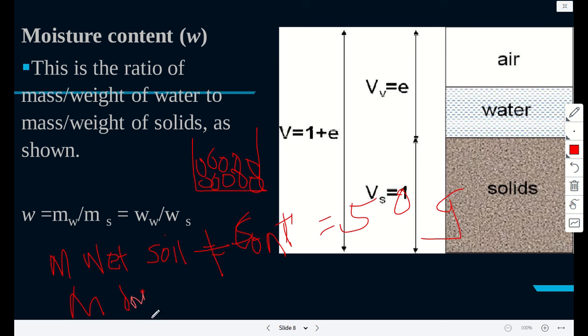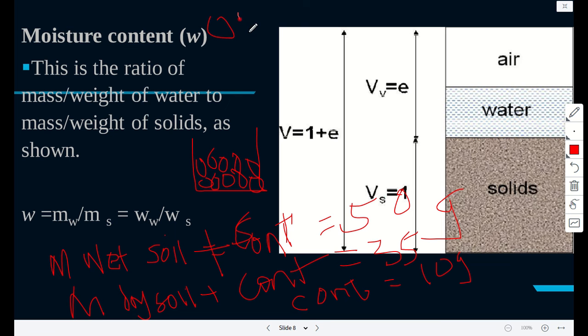So dry soil plus the same container, say that is 35. Then you have to weigh the mass of the container alone. Say it's 10 grams. Dry soil means you have to put it in the oven.